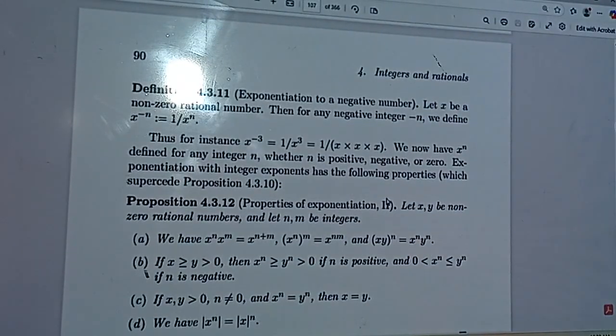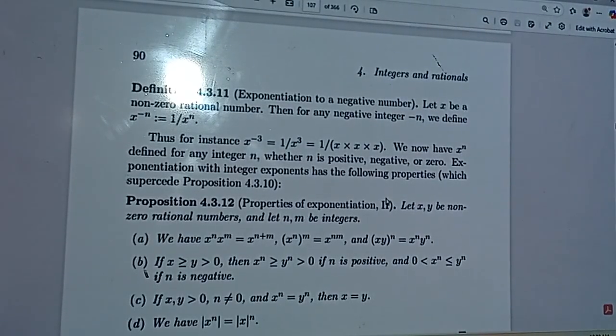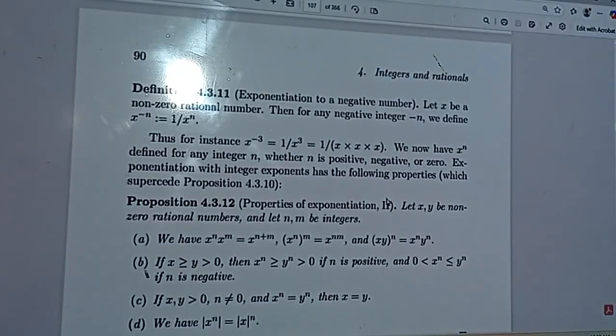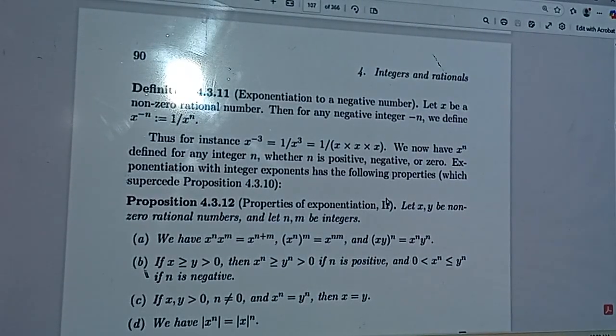So it has some mathematics because it is an if-then statement. So if you are going to prove part B, what we know is let x, y be non-zero rational numbers. That's what we know. Now in the proof, we will go on to prove if x greater than or equal to y is strictly greater than 0, then x to the n greater than or equal to y to the n.